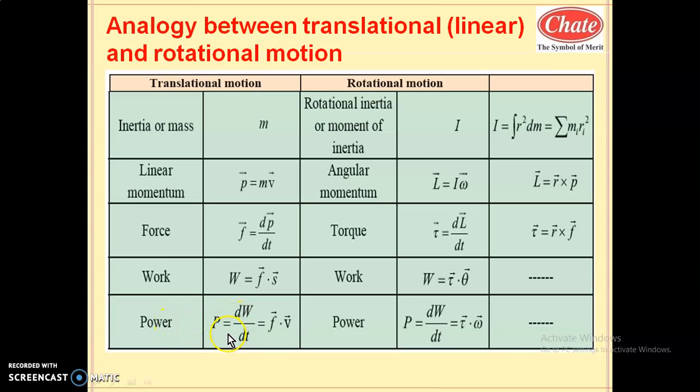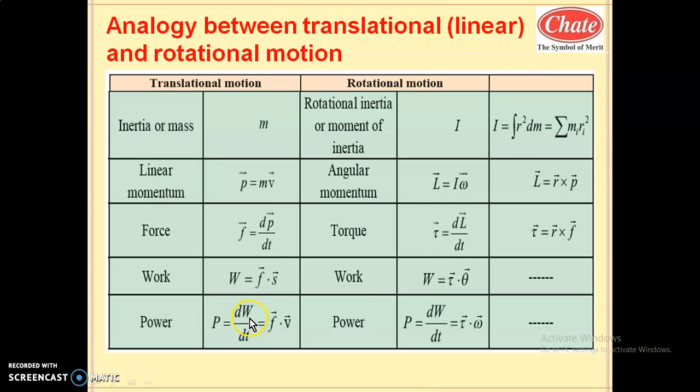Now the next analogy is the term power. The power in linear motion, the rate of doing work, is called power, that is dW by dt. Work done is force into displacement. Considering this substitution for W, we get f dot s upon time, but displacement upon time is velocity. So dividing by time, we get f dot v.